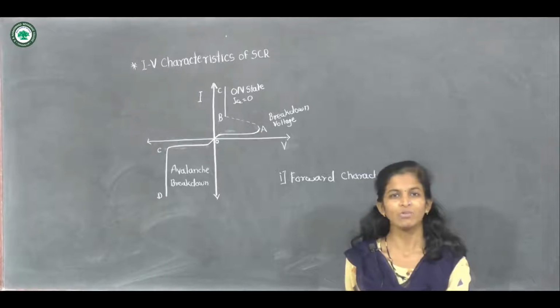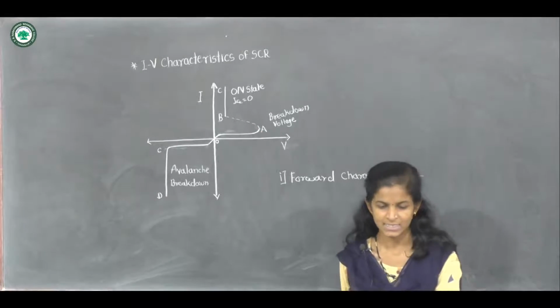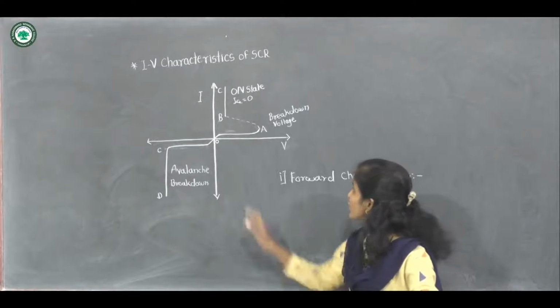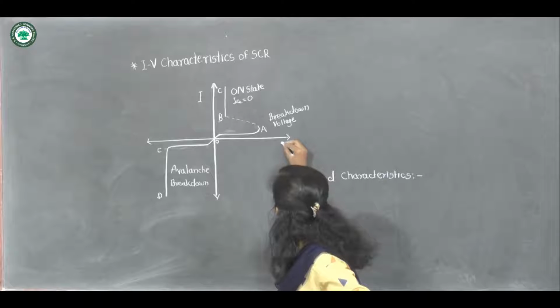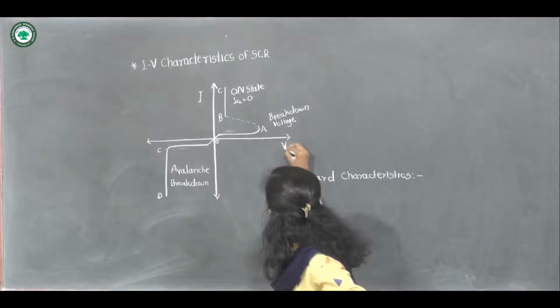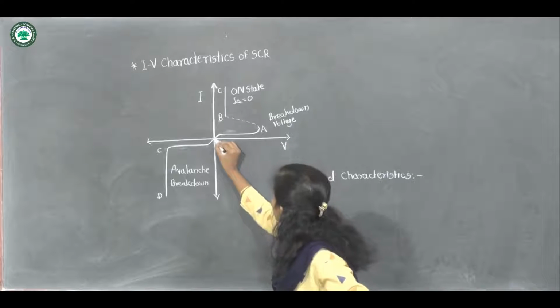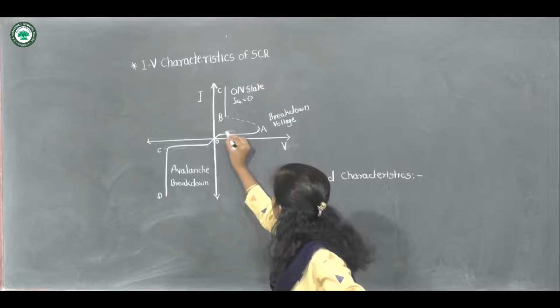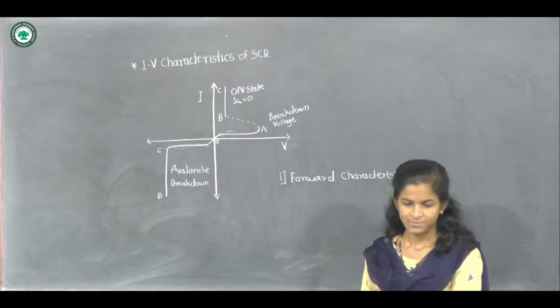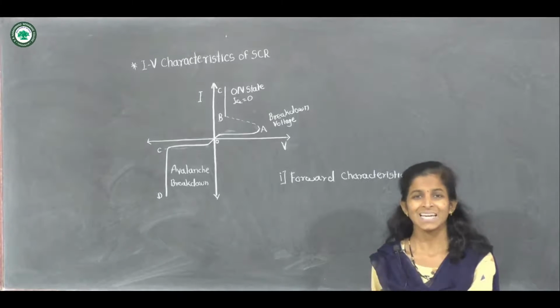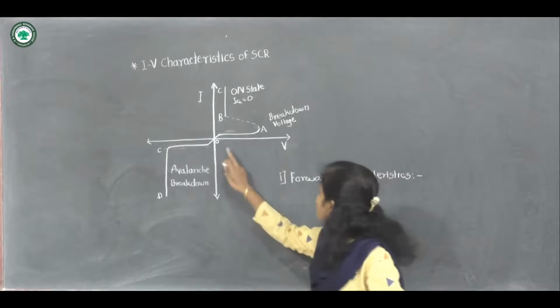If the supply voltage is increased from 0 to point A, as this is the voltage which is plotted along the x-axis, the SCR starts conducting at some point.